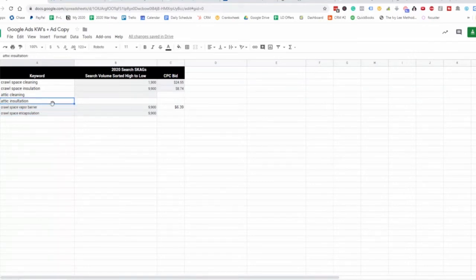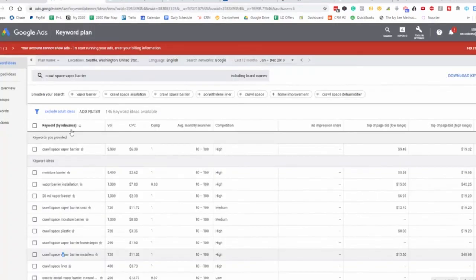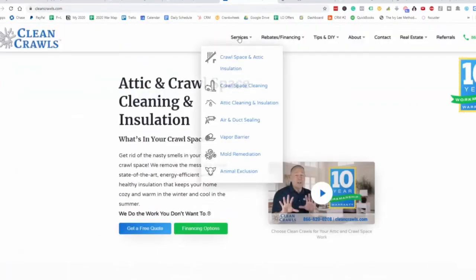Attic installation near me, attic installation cost, attic installation contractors, attic installation services, all of those different variations. However, the most important part is to first do our top level keywords. And so we can use a variation of Google Keyword Planner here, and then also going to the websites as far as for the services that already have their particular services.